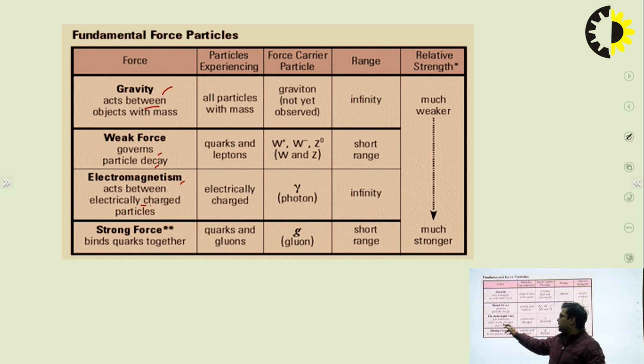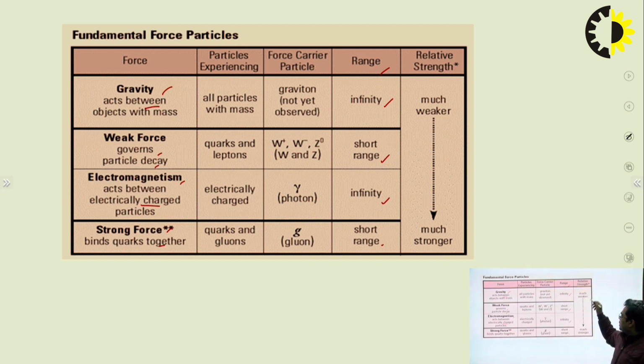Electromagnetism acts between electrically charged particles. The strong force acts over short ranges, holding particles together. Gravity and electromagnetism have infinite range, while the weak and strong forces have short range. Going from gravitation to the strong force, the strength increases.